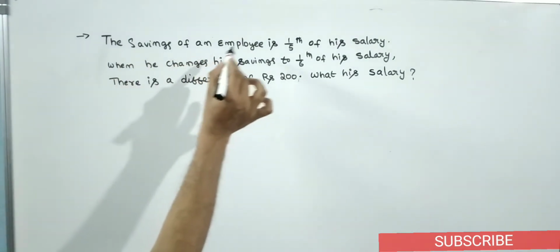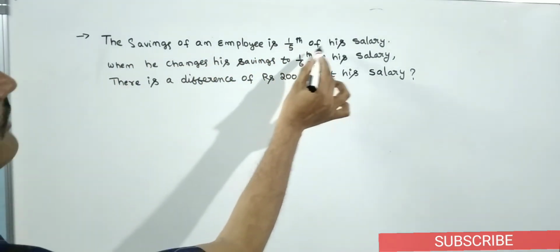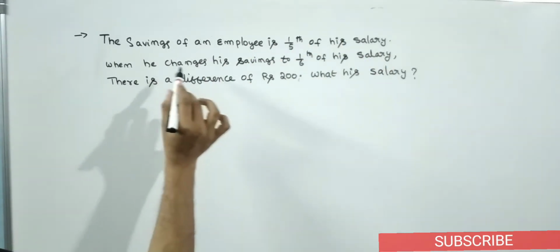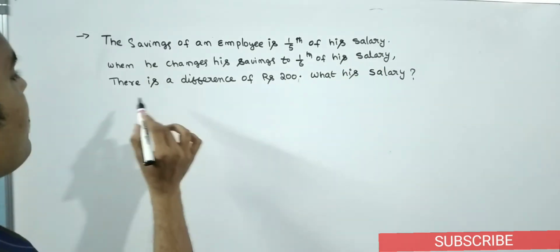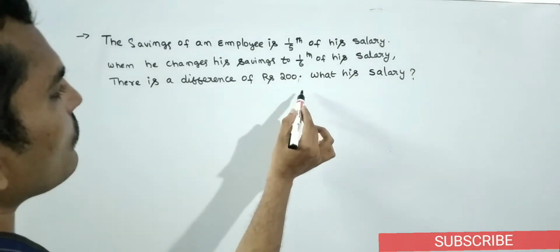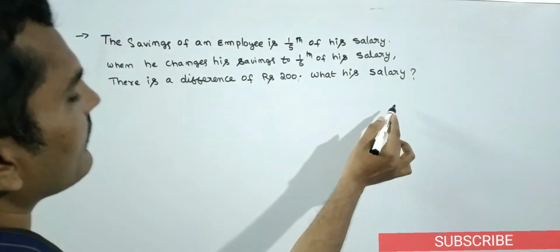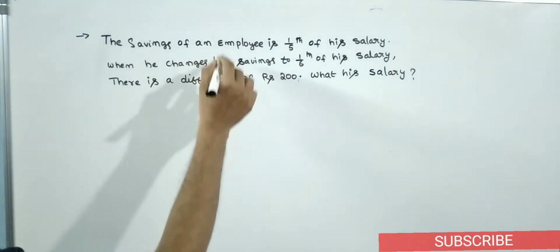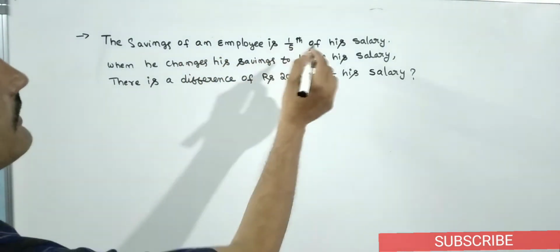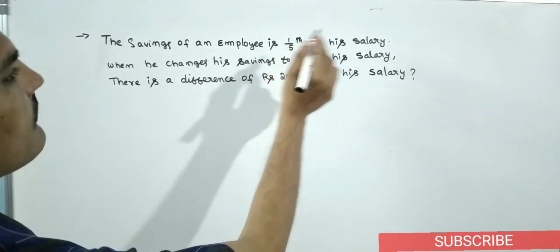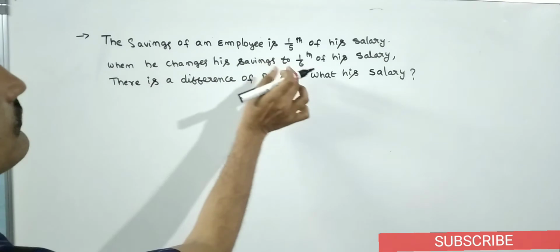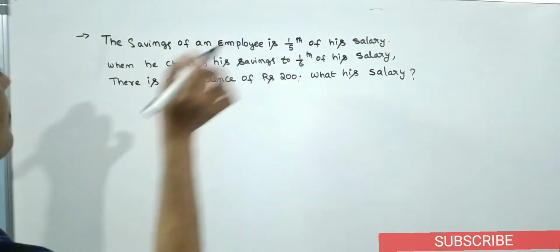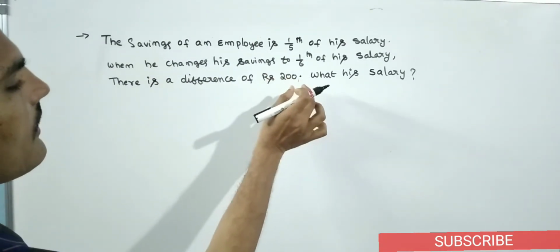One employee is there. His monthly savings is 1/5 of his salary. Suddenly he changed his savings to 1/6 of his salary. Then the difference is 200.